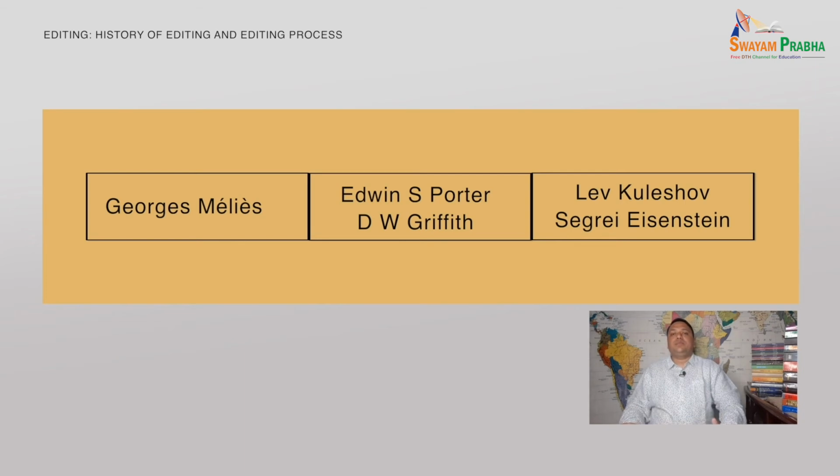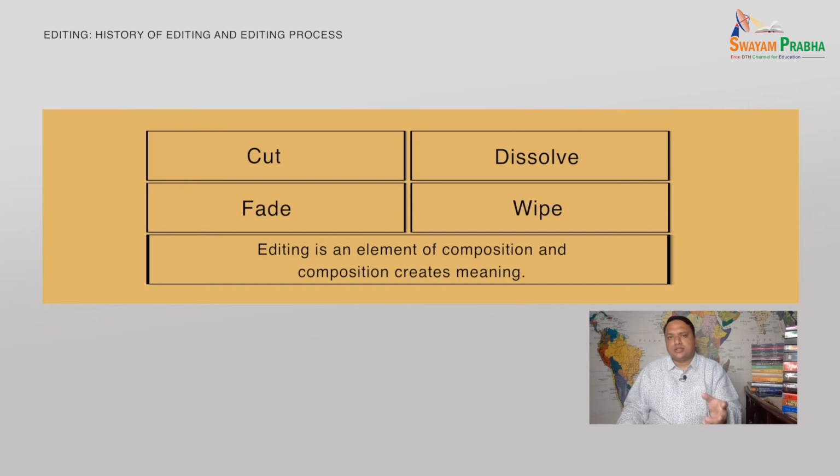Now, let's try to understand some of the editing devices like cut, dissolve, fade, and wipe, and the importance of them in the process of achieving a seamless effect.